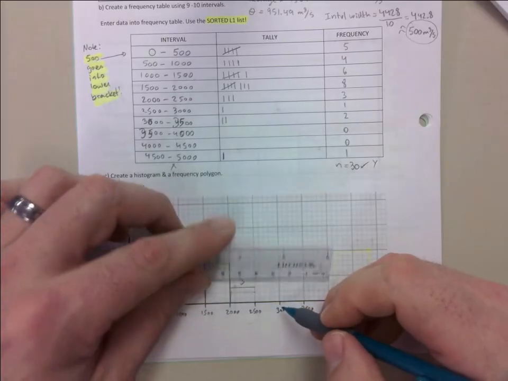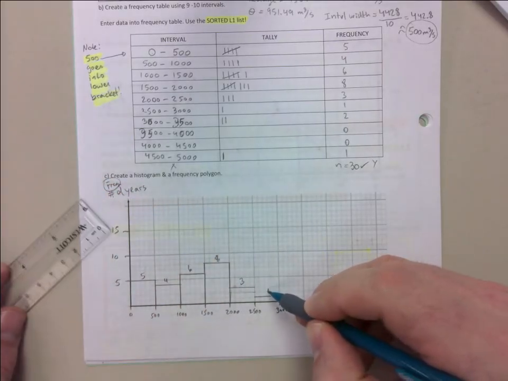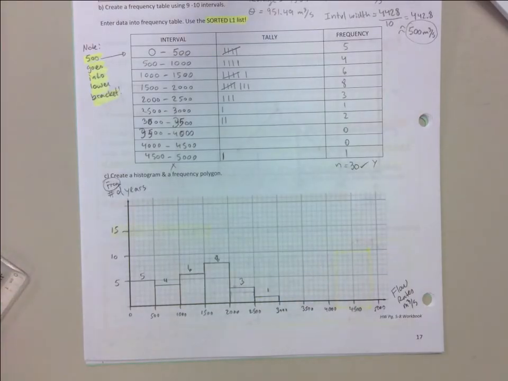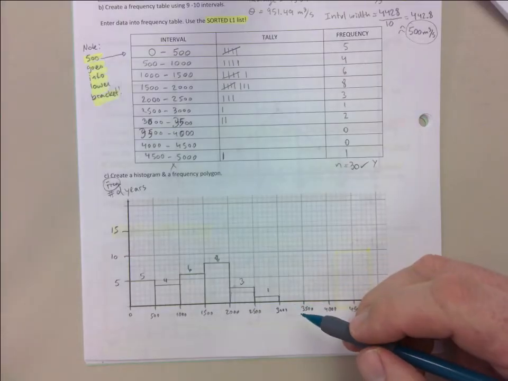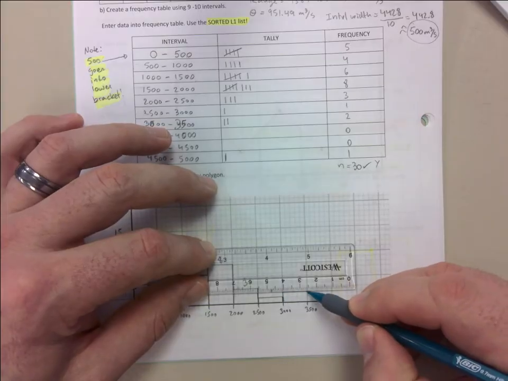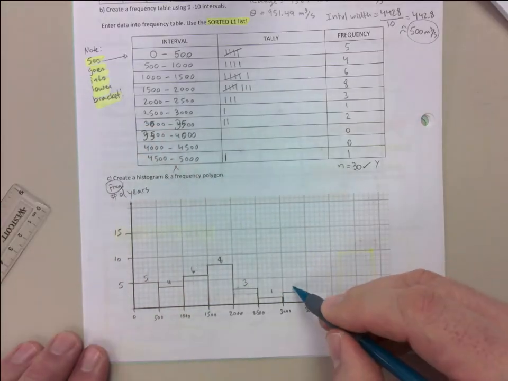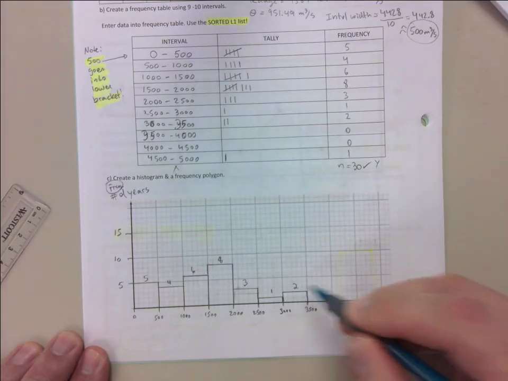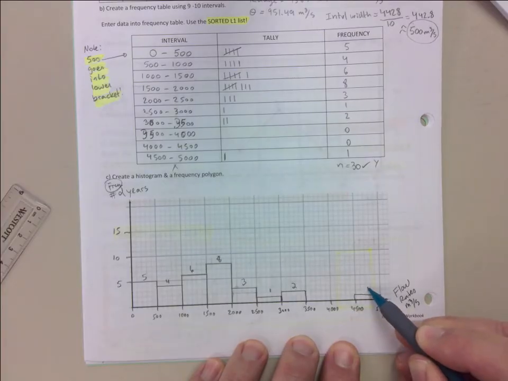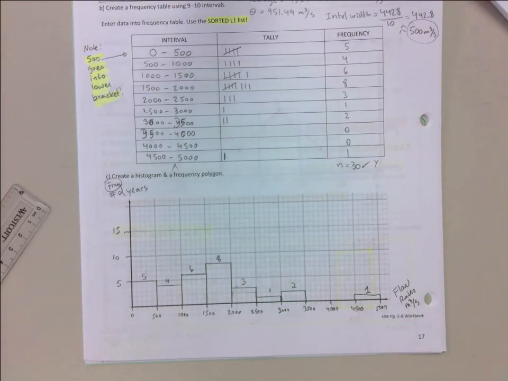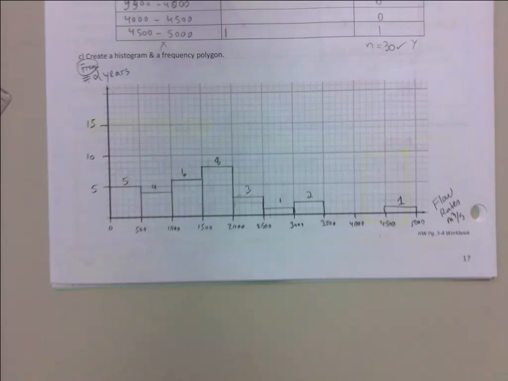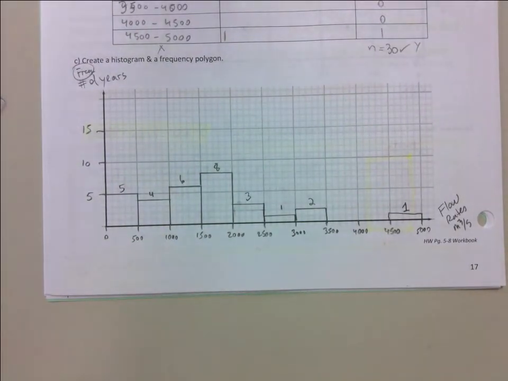And then it's 1. And then it's 2. What are we doing here? A histogram, right? This is a histogram. And then 1 way at the end here. So now I have my histogram. The bars are all the same width.